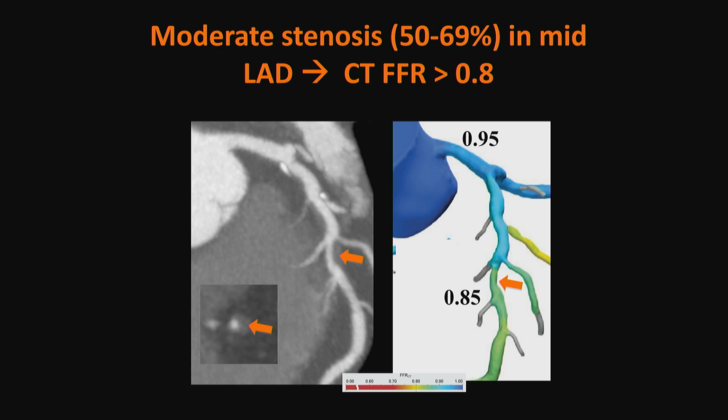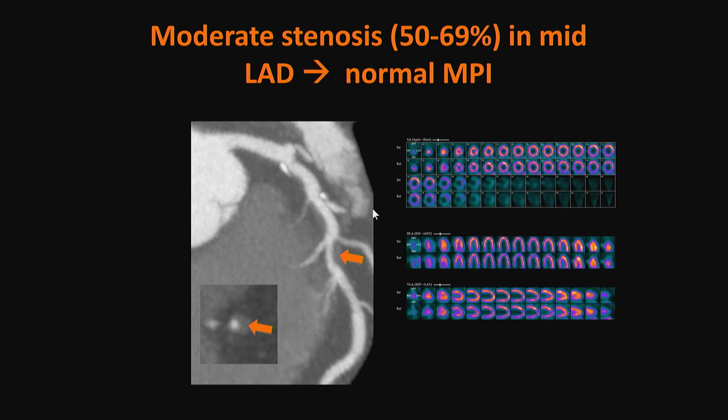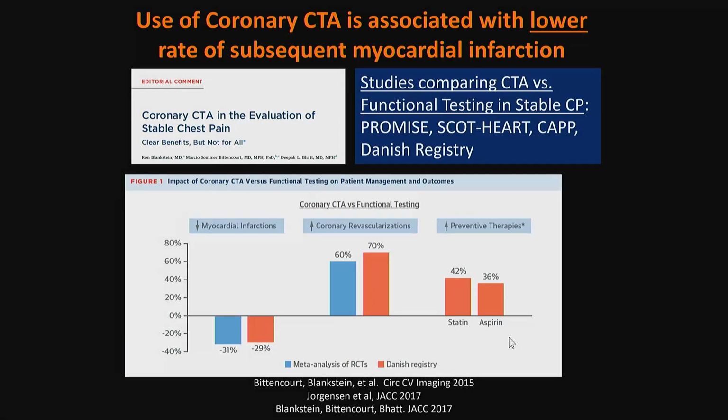So to date, there have been several studies that have compared what happens if we take patients with stable chest pain and randomize them such that half would get CTA first and half would get functional imaging. This slide compared the results of several of these studies, both randomized trials, which were the PROMISE study in the US, the SCOT-HEART study done in the UK, and the CAPP study, as well as recently a large registry known as the Danish registry.